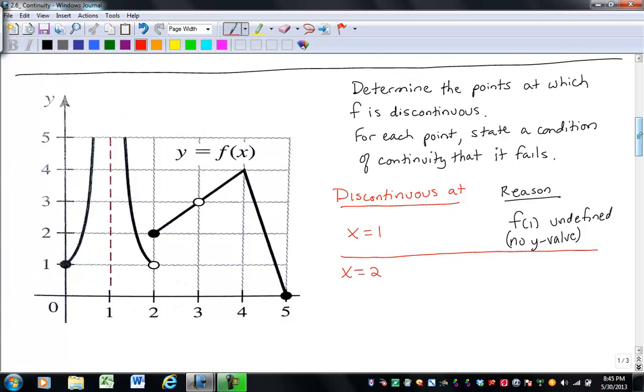So let's look at the limit at x equals 2. If I were to stand to the left of 2, and look down at the graph to see where I'd end up, it would look like the y value I end up with is 1. So the limit from the left at x equals 2 is y equals 1. That's the limit as x approaches 2 from the left.